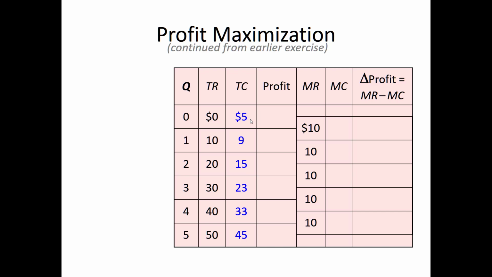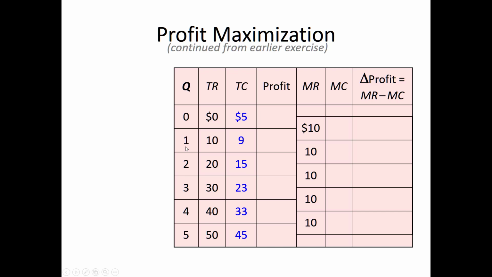An example of fixed cost is rent. It doesn't matter if you don't go to work any day of the week in your business, you're still going to have to pay the rent. So the rent is a fixed cost. How do you figure out the fixed cost? Look at your cost when quantity is 0.